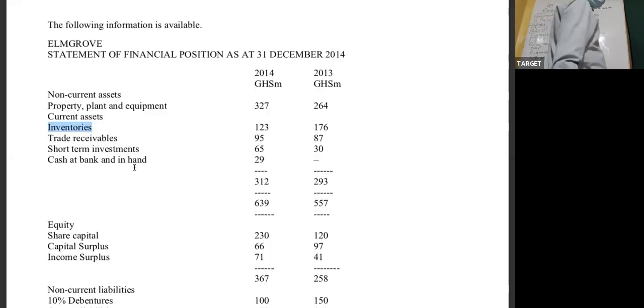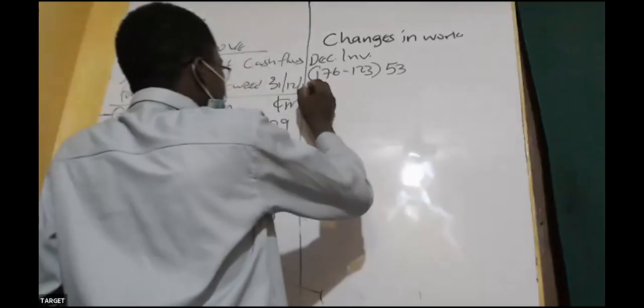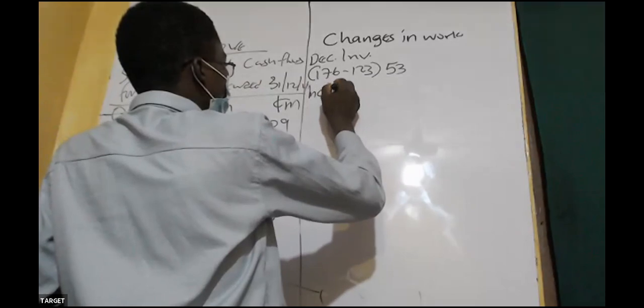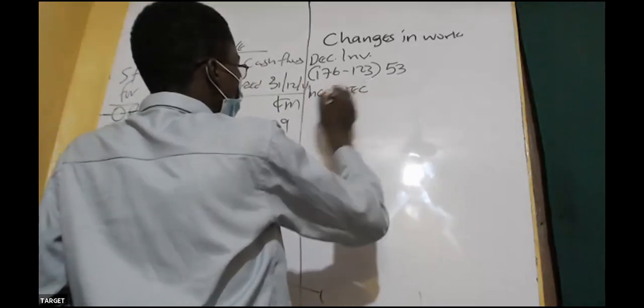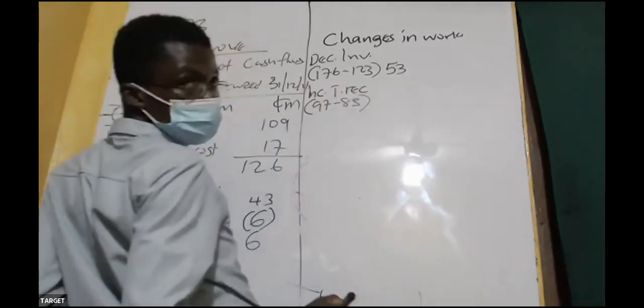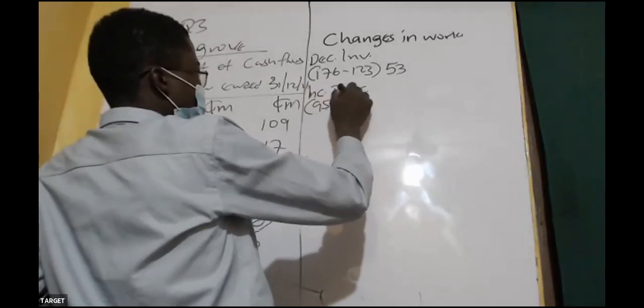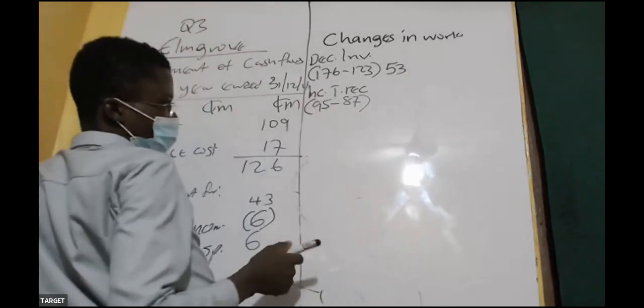Now let's go to receivable. Trade receivable has increased from 87 to 95. So that examiner, increase in trade receivable, 95 minus 87, and that will give us 8.